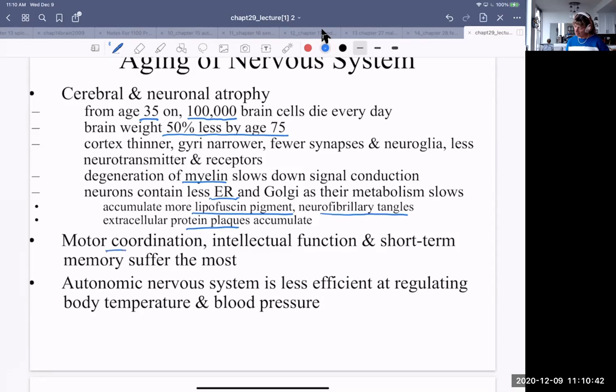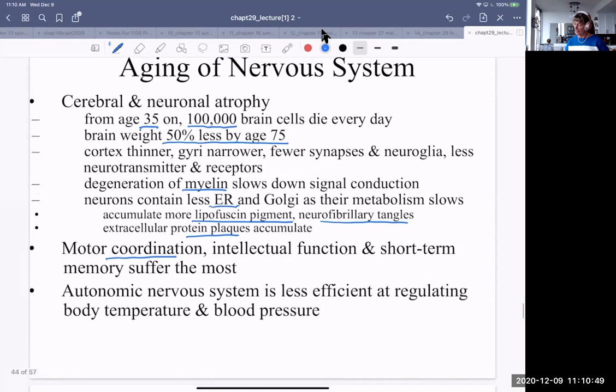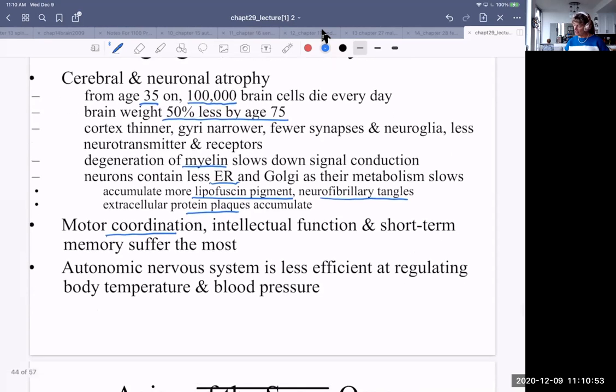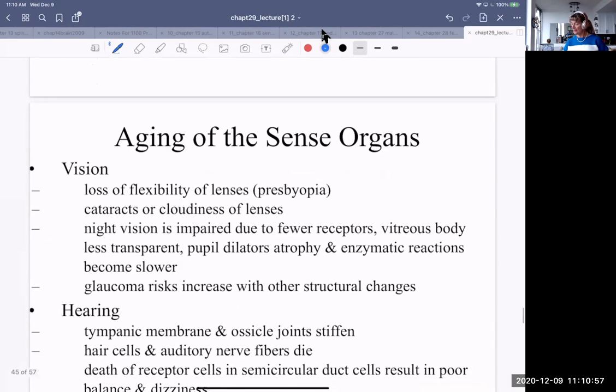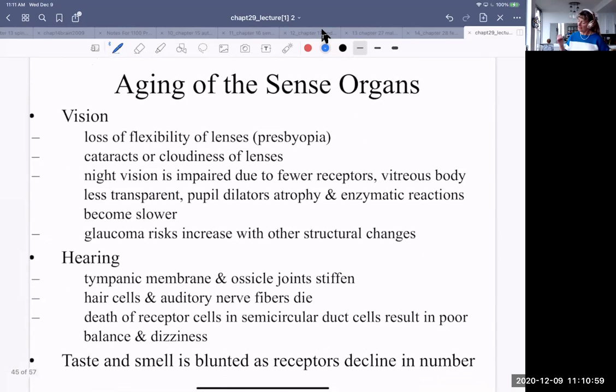Motor coordination, intellectual function, and short-term memory suffer from the degeneration of the nervous system. The autonomic nervous system is less efficient at regulating body temperature and blood pressure. And other sense organs can also be influenced by aging, for example vision.